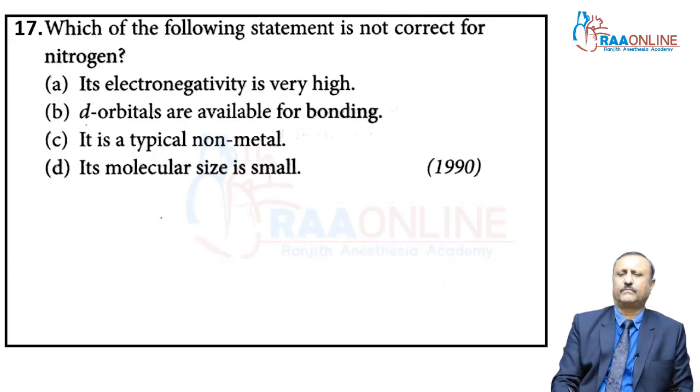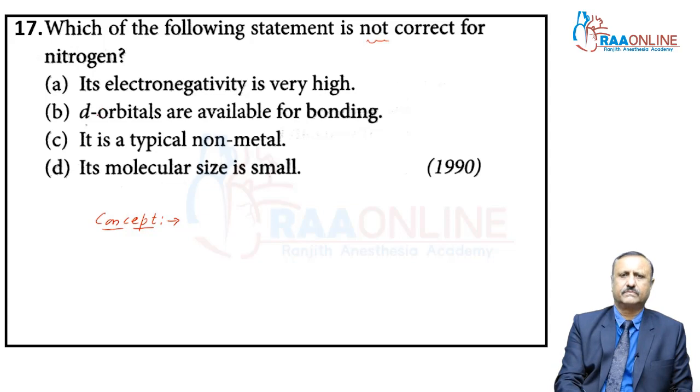My dear students, which of the following statements is not correct for nitrogen? Its electronegativity is very high. D orbitals are available for bonding. It is a typical non-metal. Or its molecular size is small. Now, my dear students, let's see the concept of this question. Here, not correct means the others are correct.